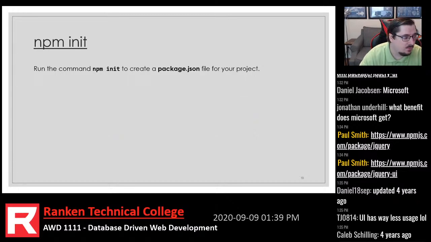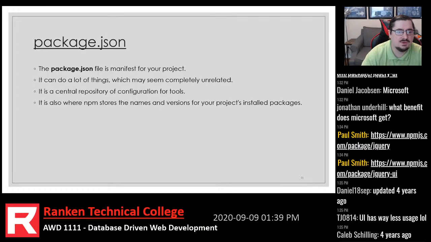So the first command we want to go over is npm init. So npm init will allow us to create a package.json file. Okay. Now, what's a package.json file? A package.json file is sort of a manifest for our projects. It's used for a whole lot of things. It might seem like they're all completely unrelated when you start seeing them, but it all kind of makes sense.